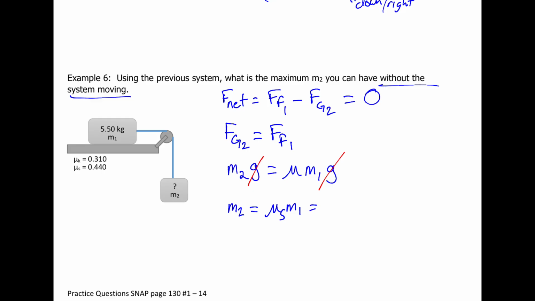So we have to use 0.440 multiplied by M1, 5.50 kilograms. That's it. 0.440 times 5.5, done. And I get 2.42 kilograms is how big it can be.